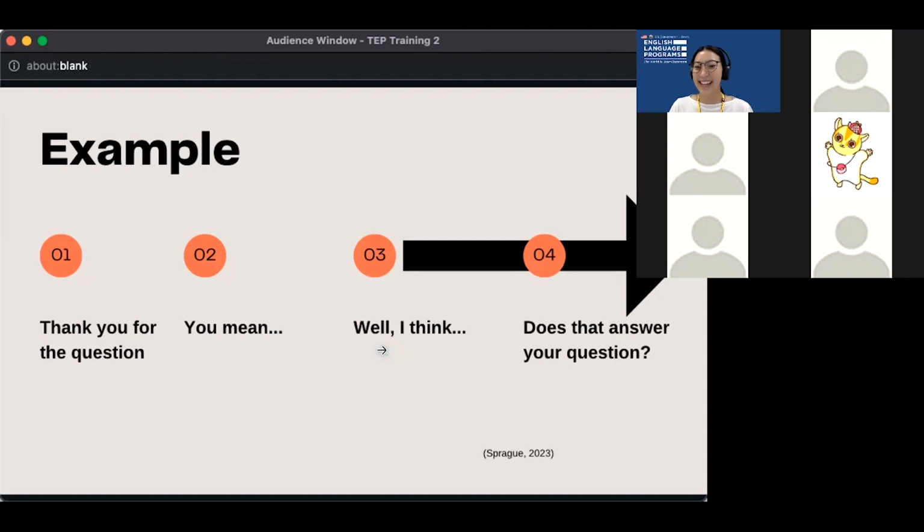Well, I think that sunflowers are the best plants and I like them the most. Does that answer your question? So notice I went through all 4 steps and used this language. And I actually tell my students these sentences and phrases so that they can go ahead and answer.